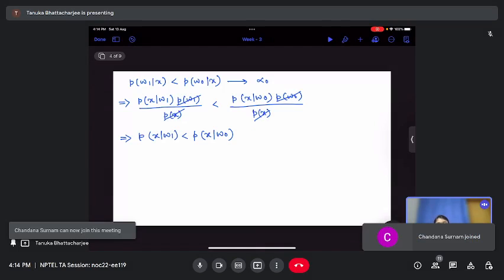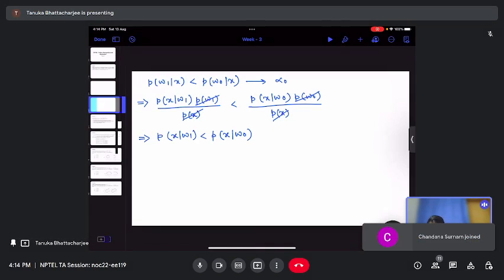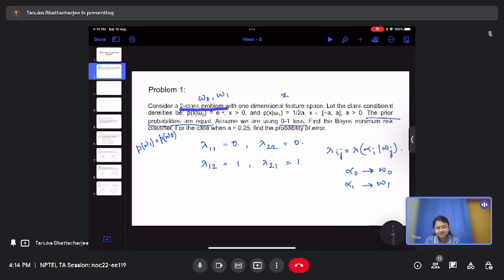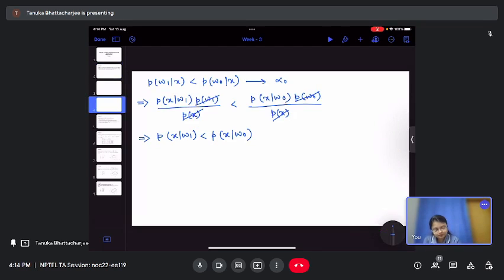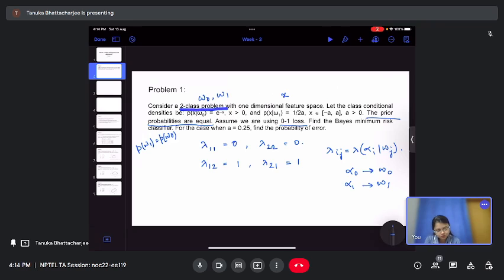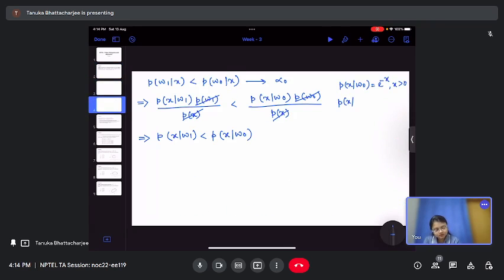Now, if you see the question, these two class conditional densities have been specified to us. So, p of x given omega 0 is e to the power minus x for x greater than 0, and p of x given omega 1 is 1 by 2a for x element of minus a to a, where a is greater than 0.